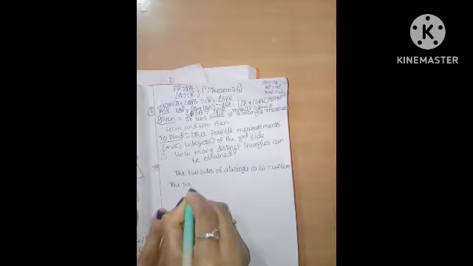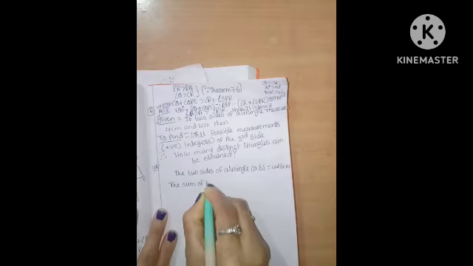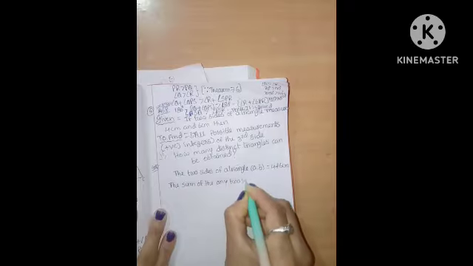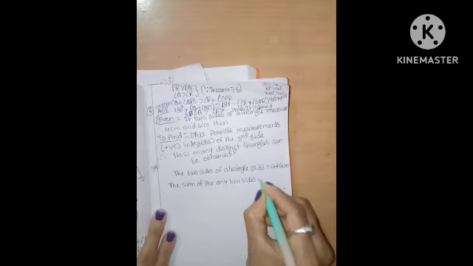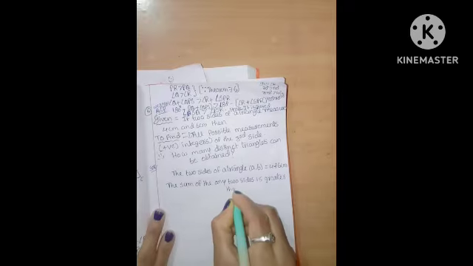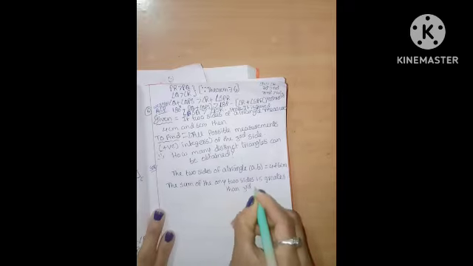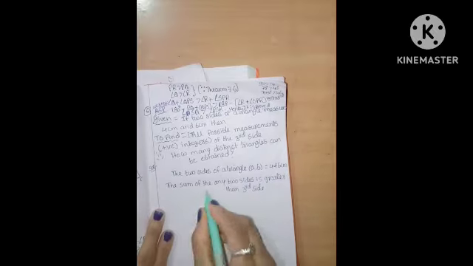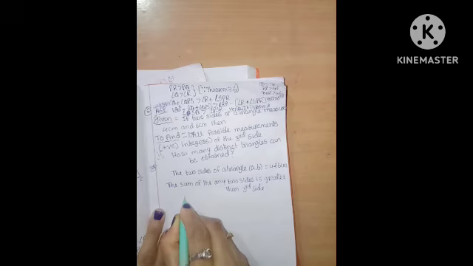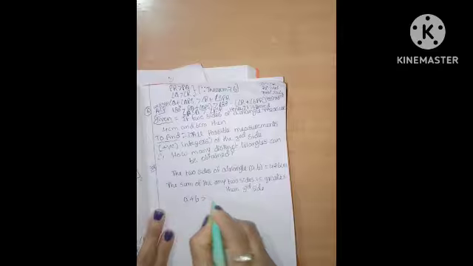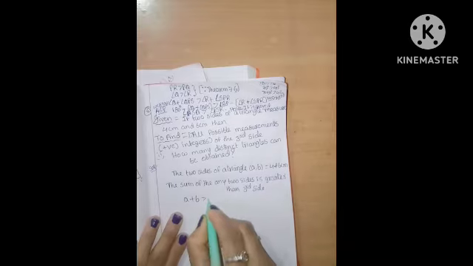The sum of any two sides is greater than the third side. The sum of any two sides is nothing but A plus B, which is greater than the third side. The third side is nothing but C.